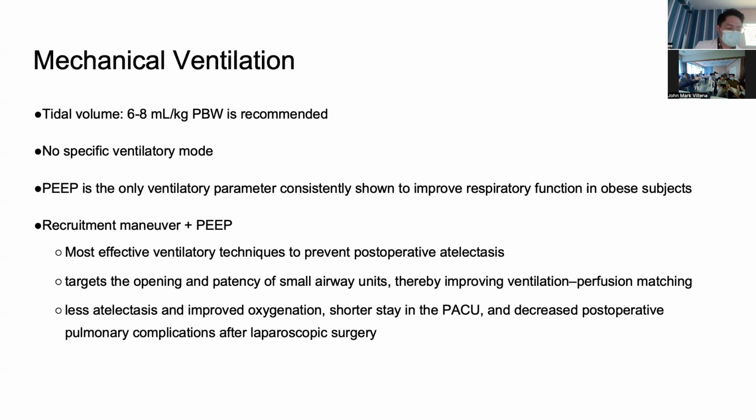You do sustained inflation, a sustained pressure of around 30 to 40 centimeters of water for around 10 to 30 seconds.